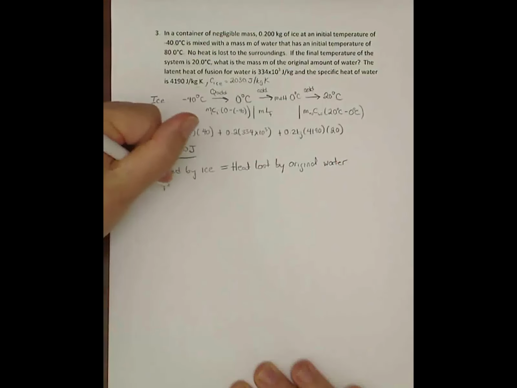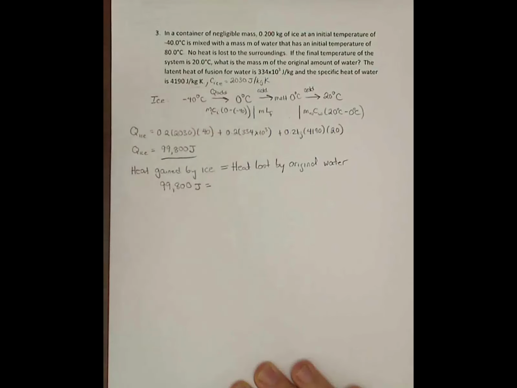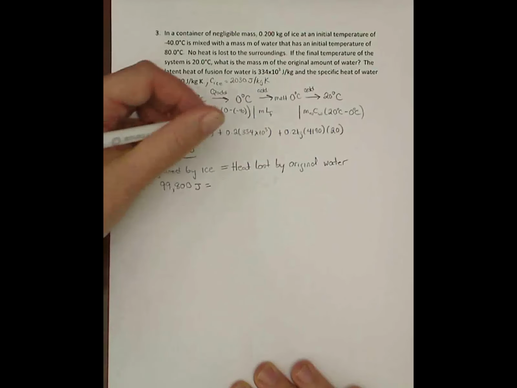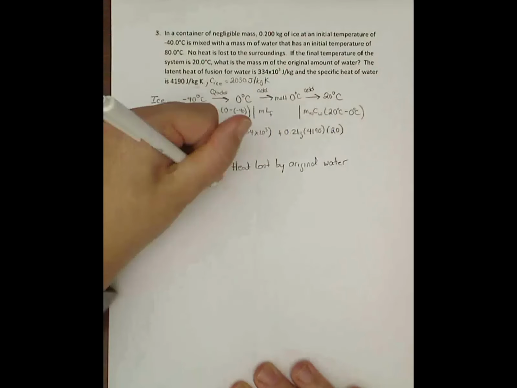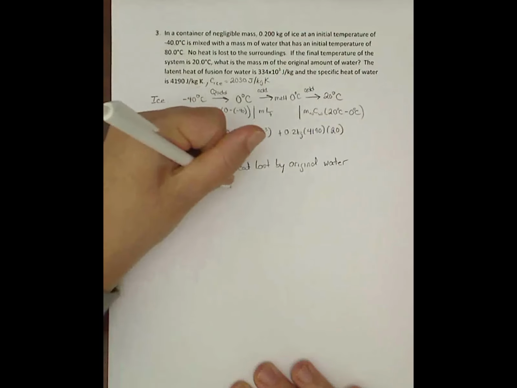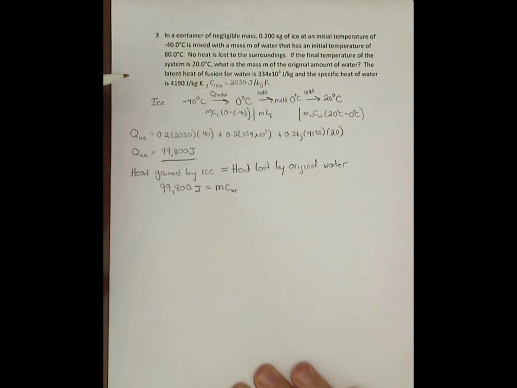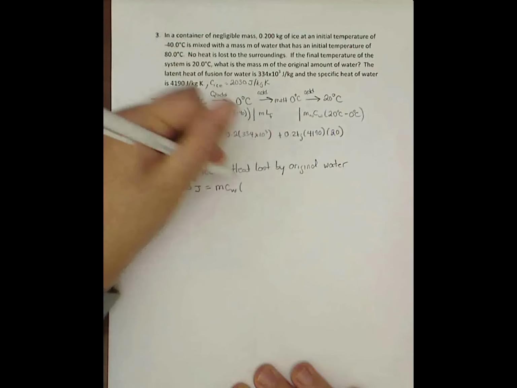Okay, so we know the heat amount is 99,800 joules. The heat lost by the water is the mass of the water times the specific heat of the water times the temperature change of the water. Now the water initially was at 80 and it went to 20.